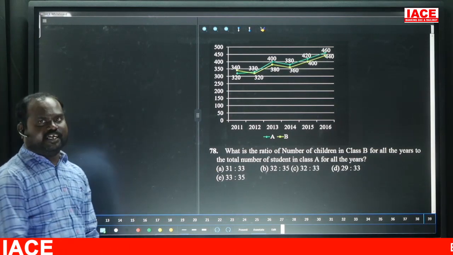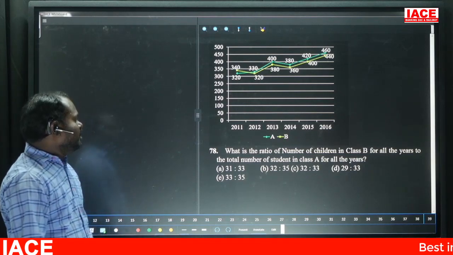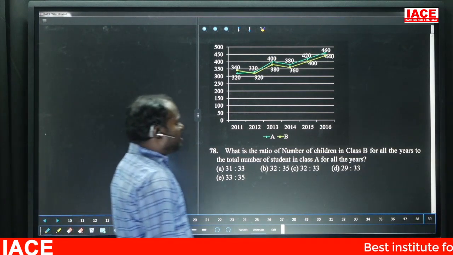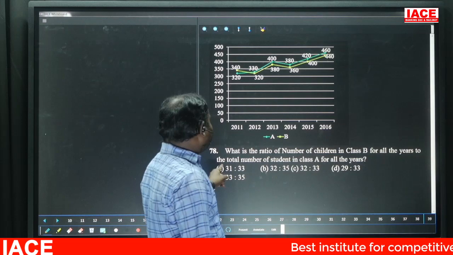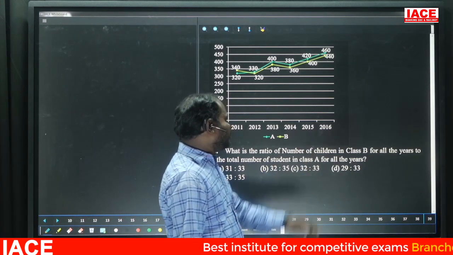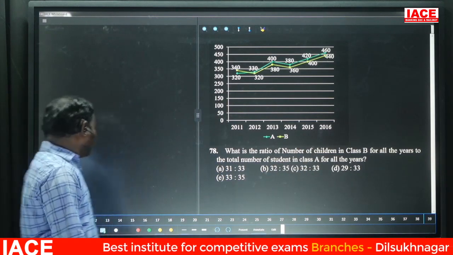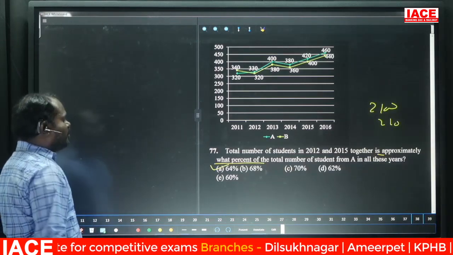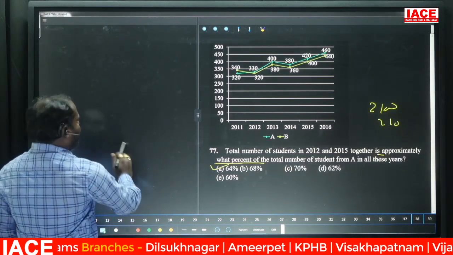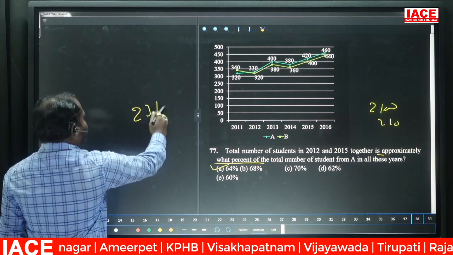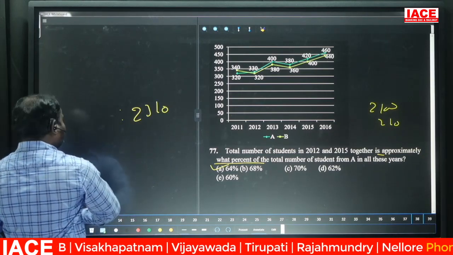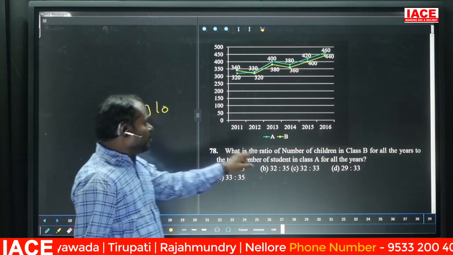Next, 78. What is the ratio of the number of children of class B for all the years to the total number of students in class A for all the years? In the earlier problem we already saw the A values. A total is 2310. Now we require just B. What is the ratio of B to A?